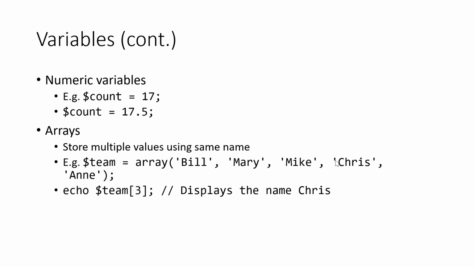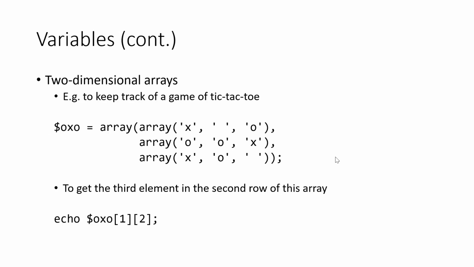The next one is creating two-dimensional arrays. For example, let's say we are going to keep track of a gaming situation. For each row, we create an array. You can see here, this is 3 by 3, where we have positions created, and then we have crosses and circles.